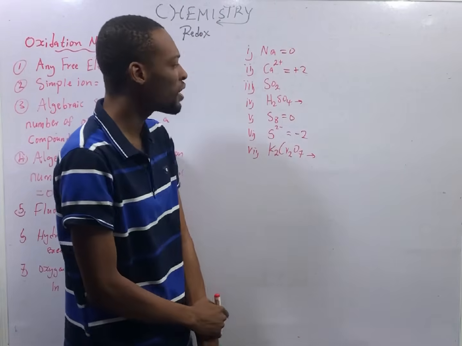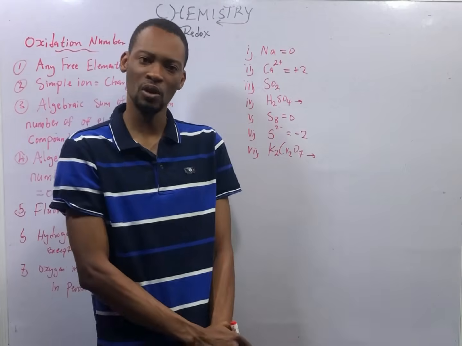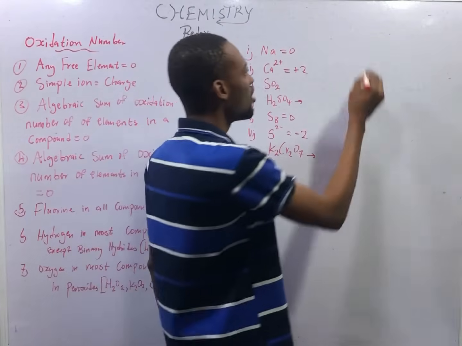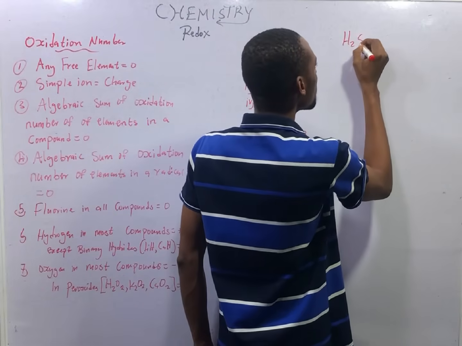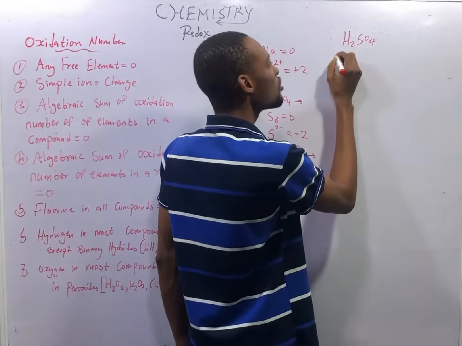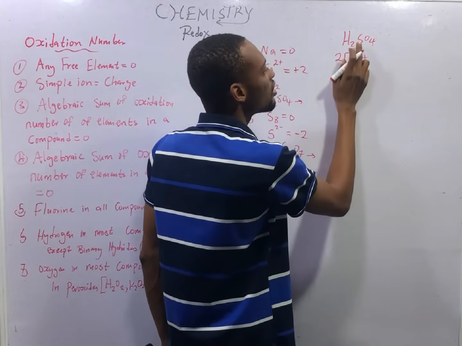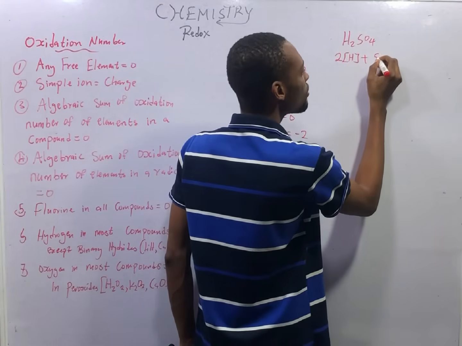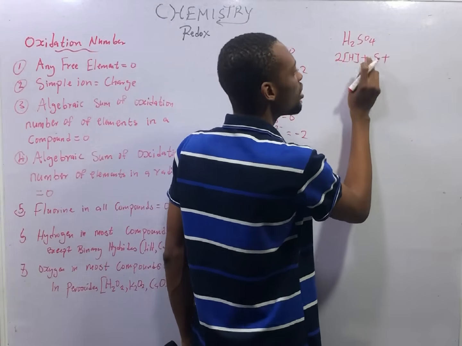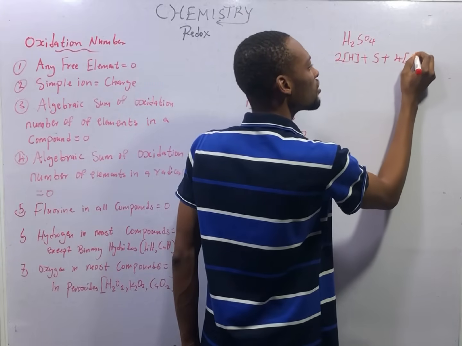So if the algebraic sum of the oxidation number of all the elements in a compound is equals 0, it means that for H2SO4 we have 2 hydrogen. So 2 times the oxidation number of hydrogen plus we have 1 sulfur plus oxidation number of sulfur plus we have 4 oxygen plus 4 times the oxidation number of oxygen.